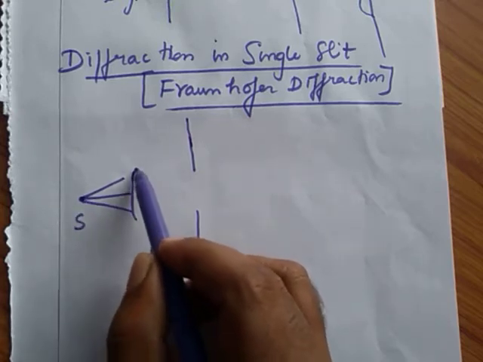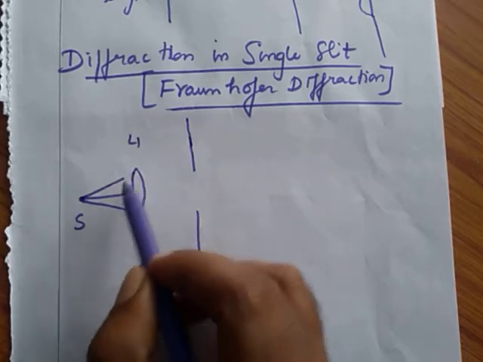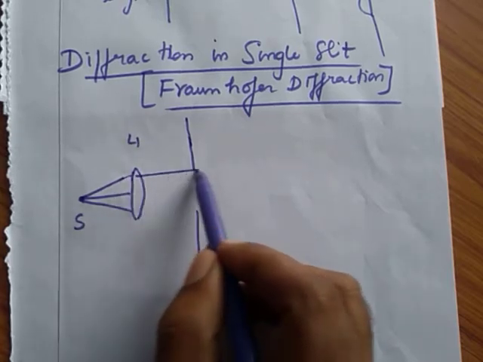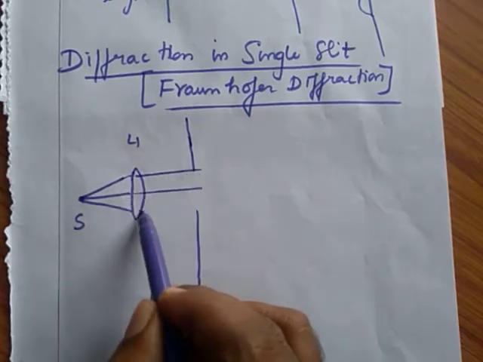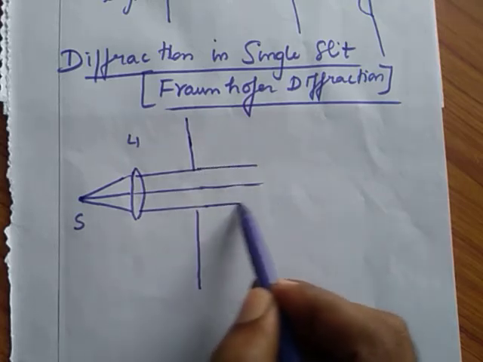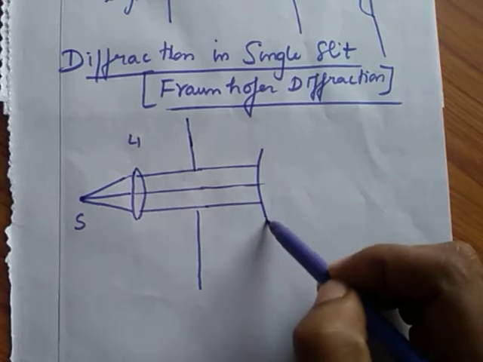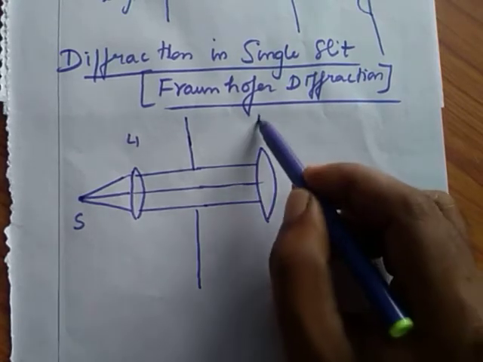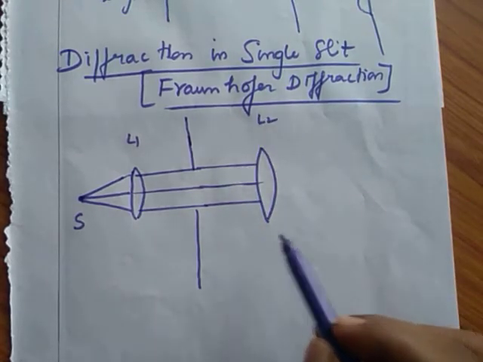Here I placed lens 1, a converging lens, and we get a plane wavefront. In this path there will be one more lens, lens 2, which is also a converging lens.